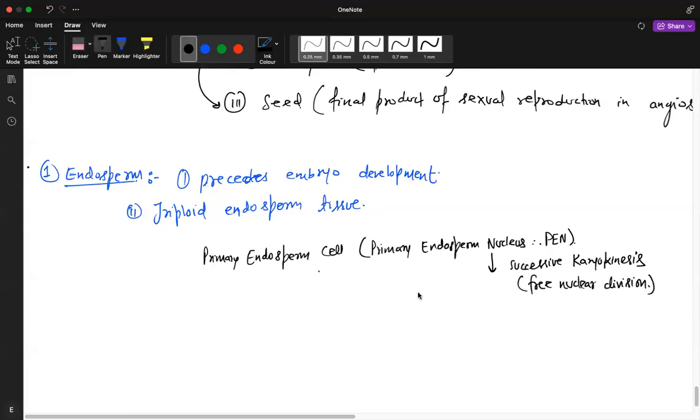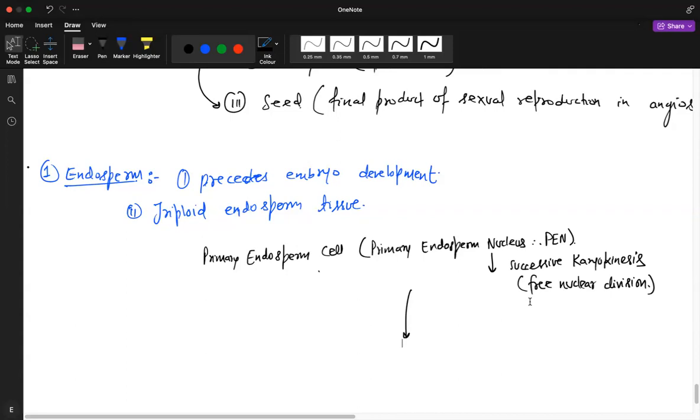And let's go like this. So at this stage, you call this endosperm as pre-nuclear endosperm. After this, the cell walls start forming, and each nucleus gets a cell normally.